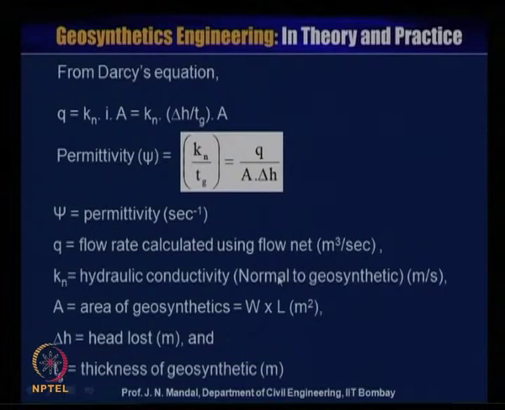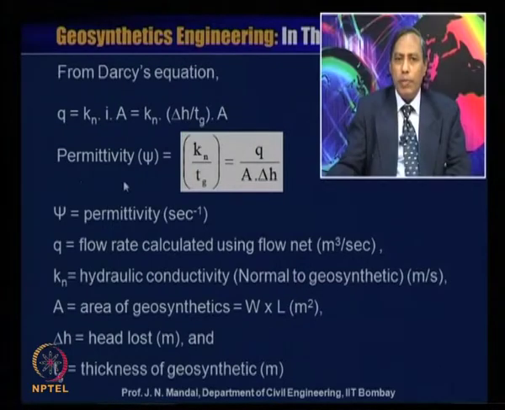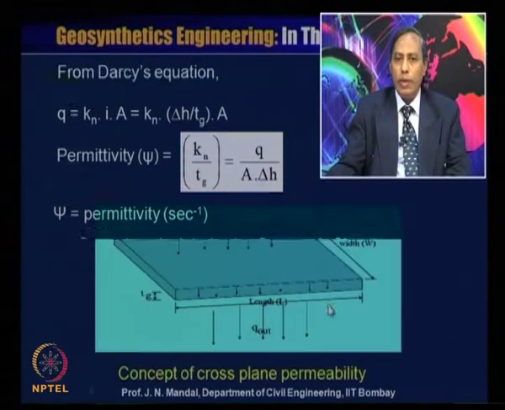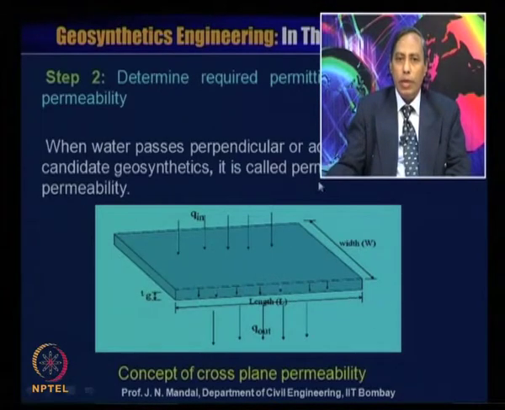From this you can calculate the permittivity with this equation: permittivity is equal to Kn by Tg, equal to Q by A into delta H, where A is the area of the geosynthetic, which is W into L. This is L, this is W.